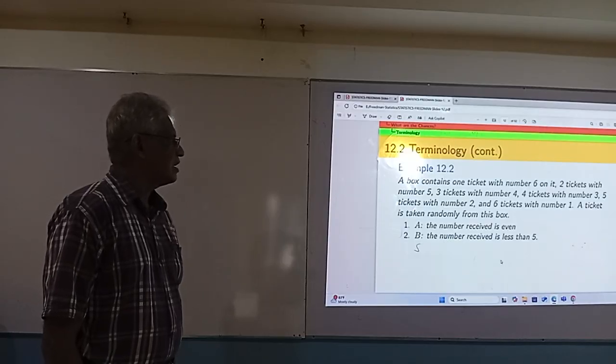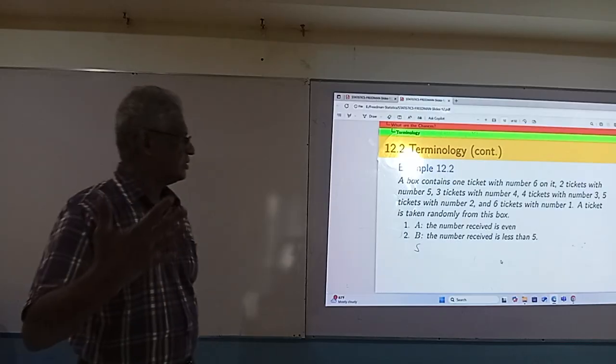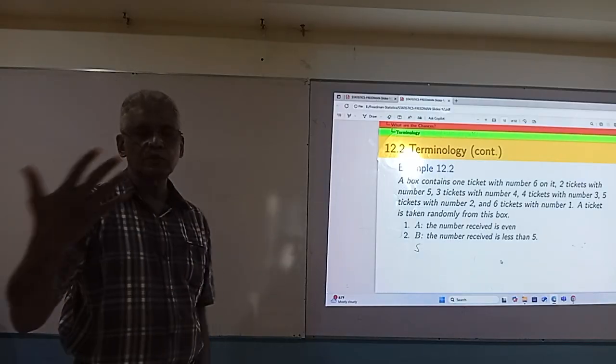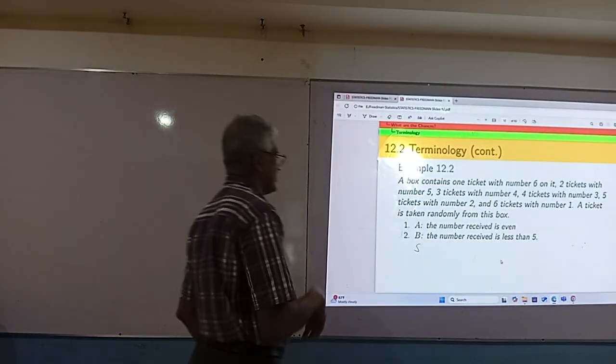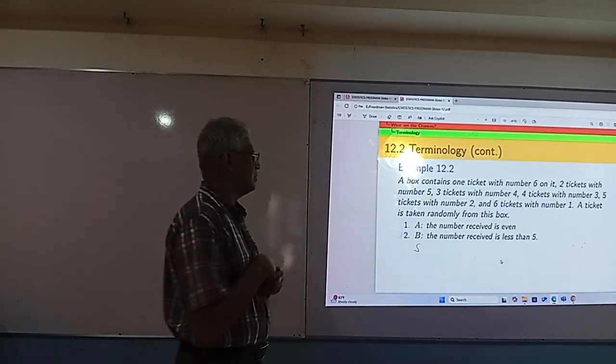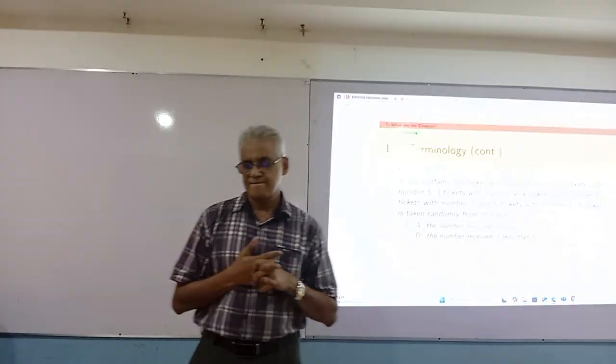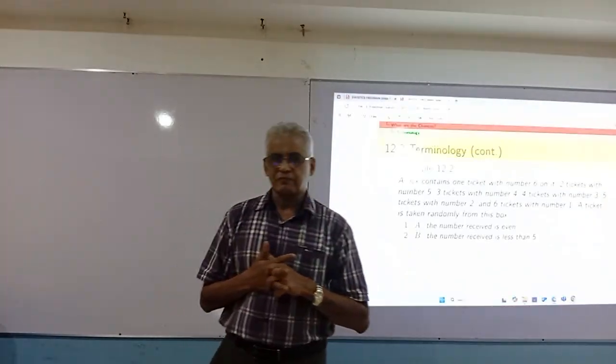A ticket is taken randomly from the box, and then you observe the value on the ticket. That part is not mentioned here. And then event A is the number received is an even number. B, the number received is less than 5.